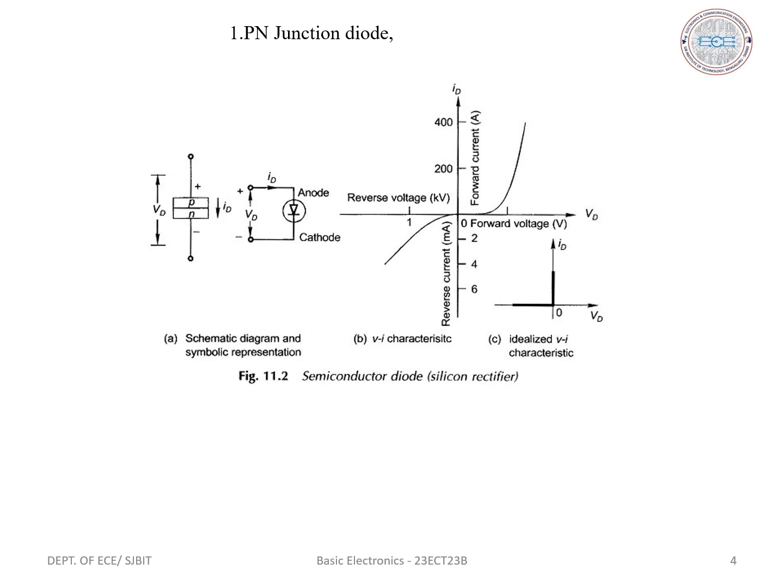The two electrodes are named anode and cathode. The arrowhead in the symbol points in the direction of conventional current through the device. This current will flow through the diode if and only if an external voltage source is connected to it with appropriate polarities.